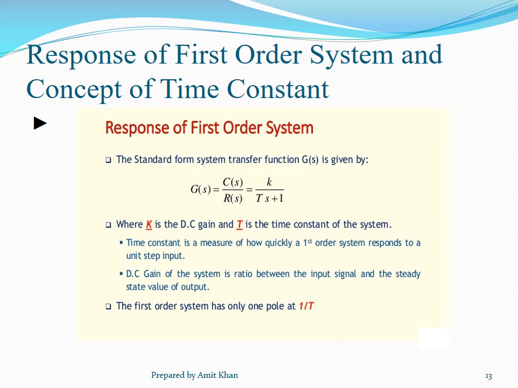This is the standard form of the system transfer function of a first order system, where we know G(s) equals K by (Ts plus 1). K is the gain and T is the time constant of the system.